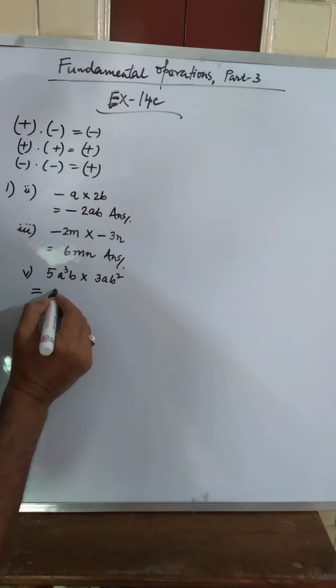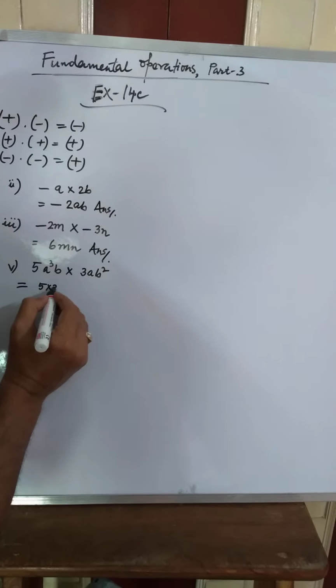Now arrange the like terms. 5 into 3 into a to the power 3 into a, and b into b to the power 2. Okay. Now 5 into 3, the result is 15.